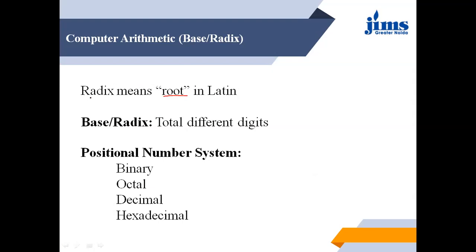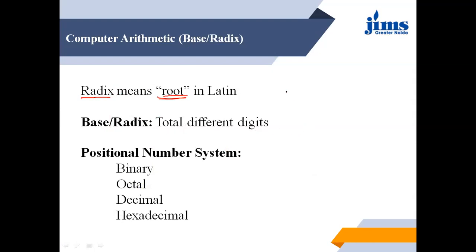The word radix means root, whereas root is the main part of any number. Base or radix is the total number of different digits that exist in a number system.